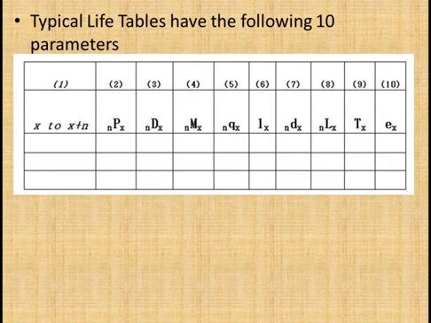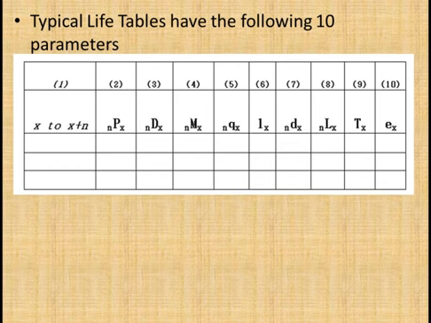The fourth column, nMx. This gives the age-specific death rate. In other words, deaths at age x as a proportion to the population at age x.